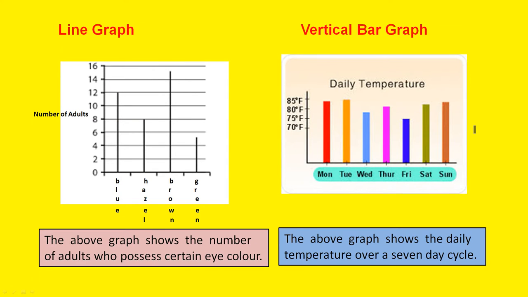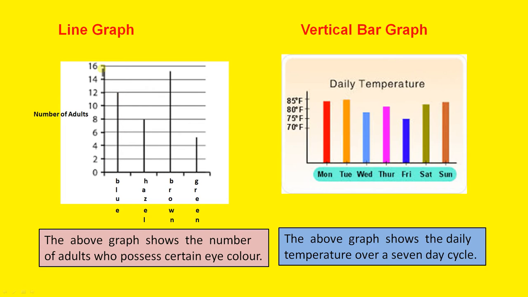The line graph. The above graph shows the number of adults who possess certain eye colour. So here the horizontal axis gives us the different eye colours we're looking at. For example, the number of adults in a certain group with blue eye colour is 12.